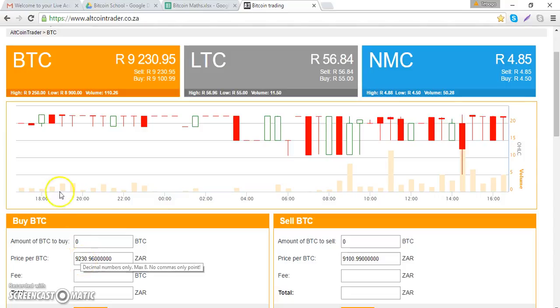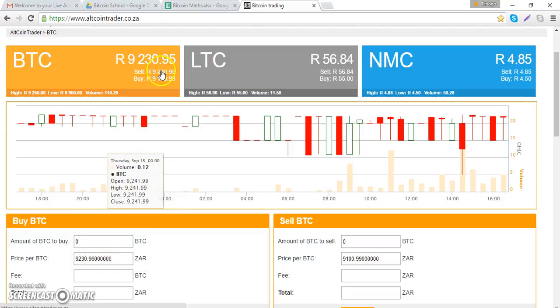Altcoin trader is selling to you, or you are buying from altcoin trader. So this is the price that you use. If altcoin trader is selling a Bitcoin to you, it will sell it at this price. So if altcoin trader is a seller, it means you are a buyer.